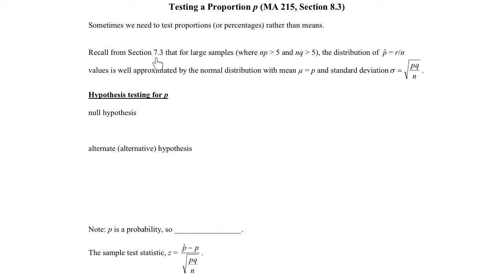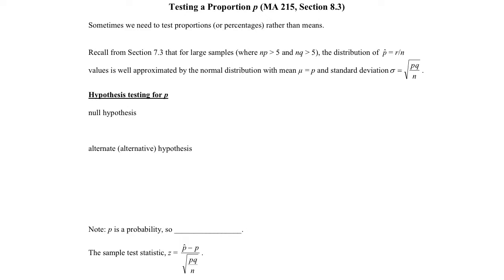So recall from section 7.3 that for large samples, and we define large samples by these two conditions being met, n times p is greater than 5 and n times q is greater than 5. And when that happens, the distribution of these p hat values, remember p hat is just r over n, r is the number of successes, n is the number of trials, comes from a binomial distribution.